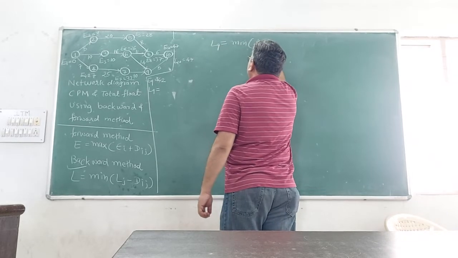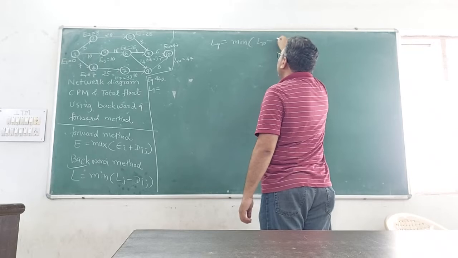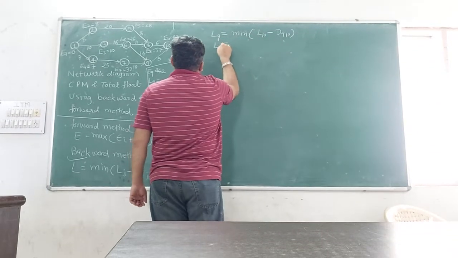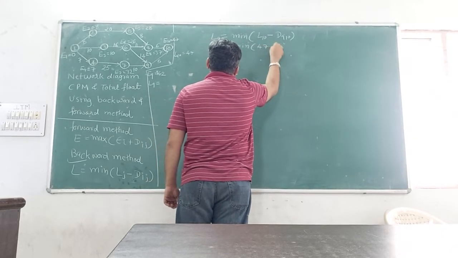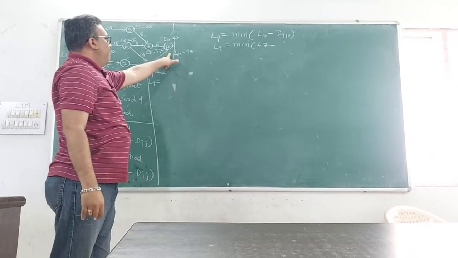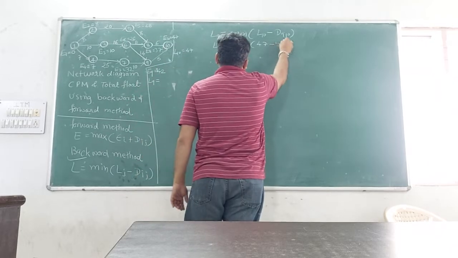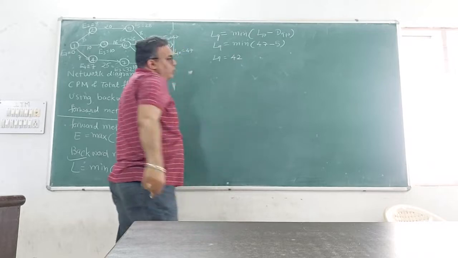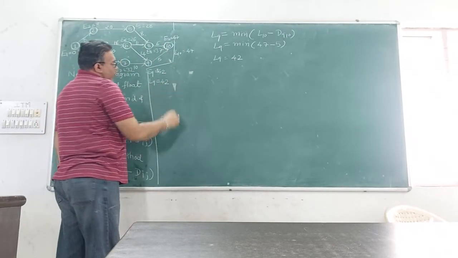So L10 minus the distance between these two, that is D9,10. As per the formula, the value of L10 is 47 minus the distance between these two, that is 5. So our L9 value is 42. Done? So here we have to write down 42.